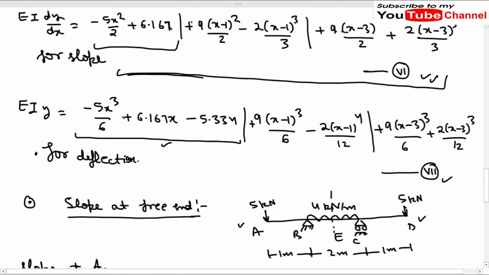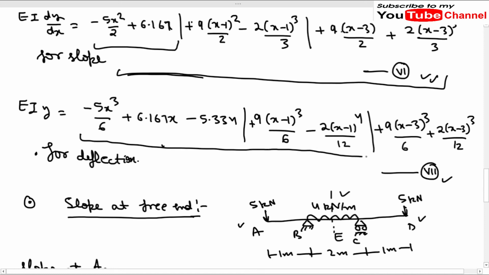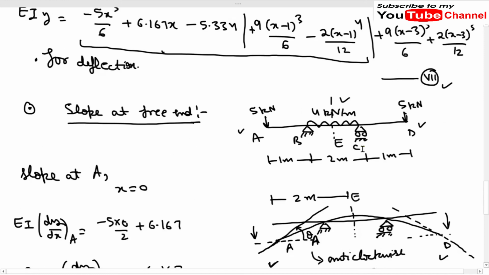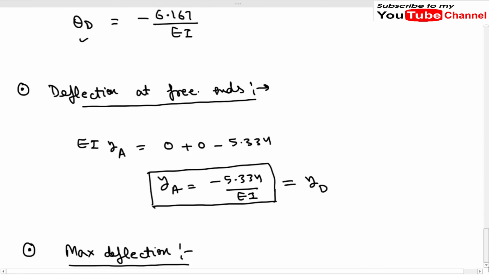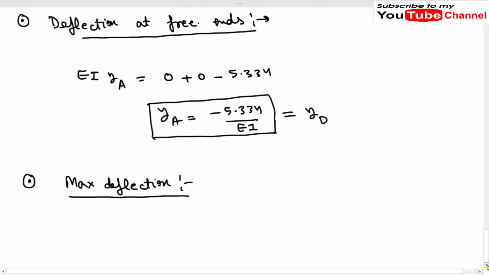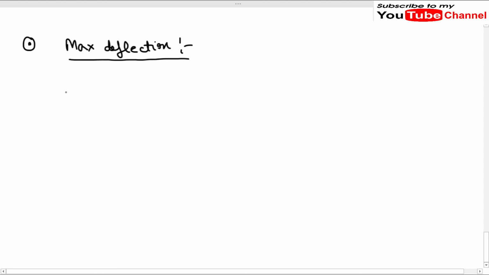I will put the value of x equal to 2 meters in this equation number 7. And how many terms do I need to take? Because I am now considering the segment BC, I will take the terms up to the second vertical line. At E, x is equal to 2 meters.